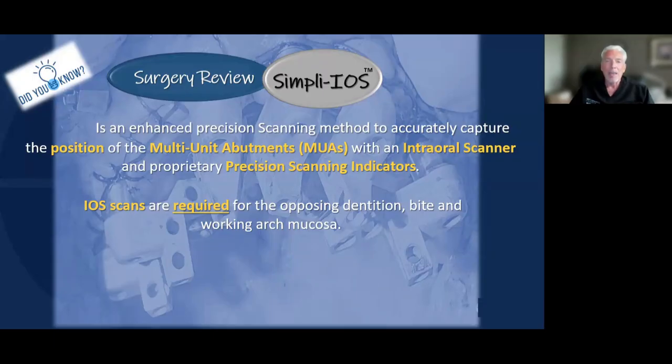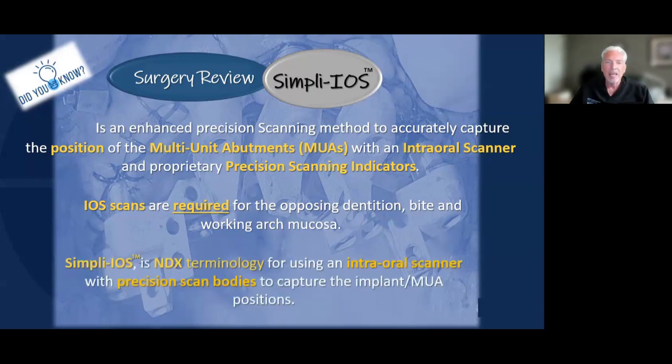We're just talking about using precision scanning indicators. So whether you're on our website or getting some literature, or talking to some of our technicians, if you hear the phrase simply iOS, that's what we're referring to: precision iOS, or using an intraoral scanner with specifically fabricated scan bodies for full arch reconstruction. I hope that cleared some things up. So once again, that is our terminology that we've come up with.